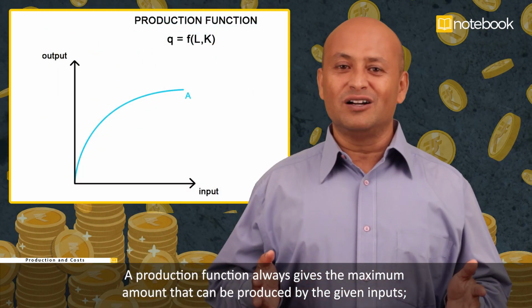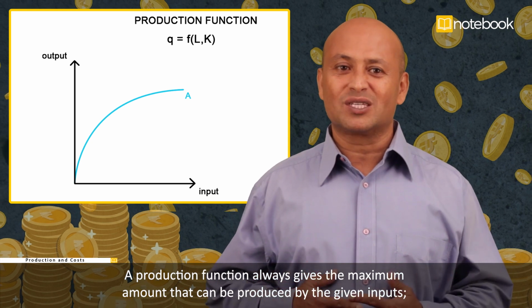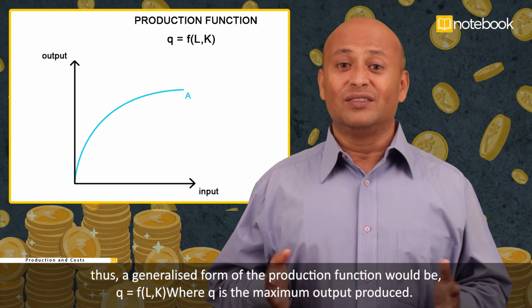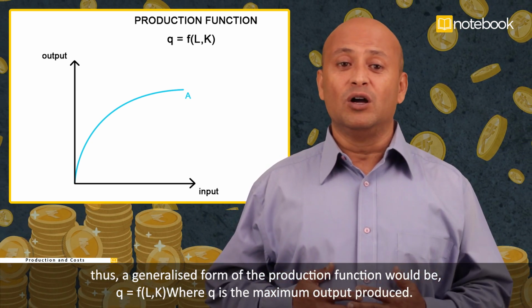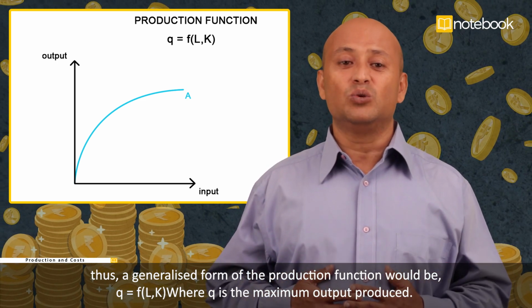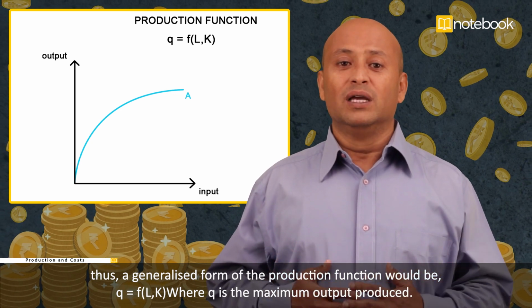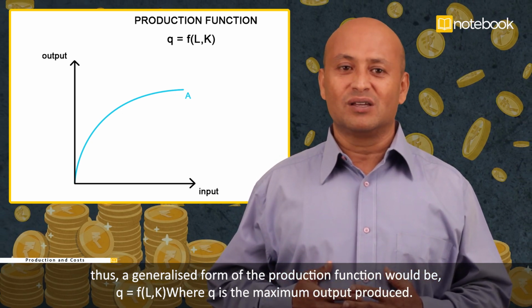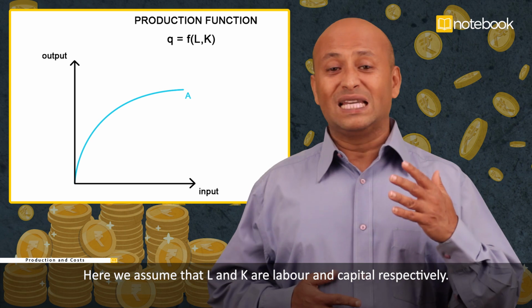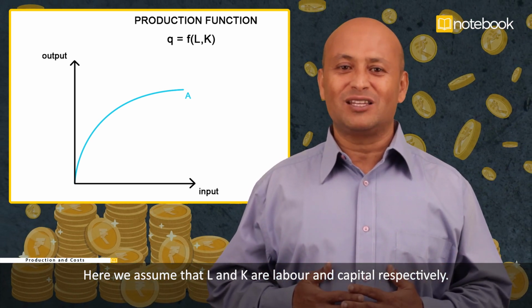A production function always gives the maximum amount that can be produced by the given inputs. Thus, a generalized form of the production function would be Q = F(L, K), where Q is the maximum output produced. Here we assume that L and K are labor and capital respectively.